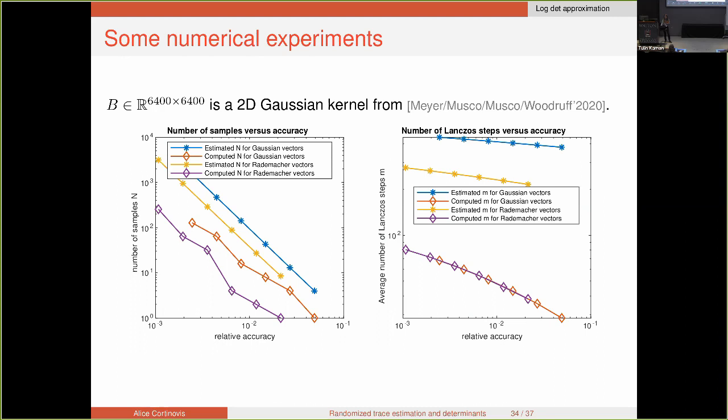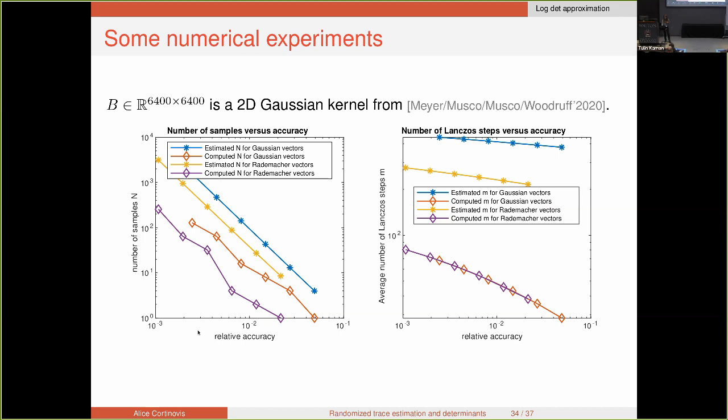Okay, so here are just a couple of examples illustrating the bounds of the two previous theorems. The matrices are rather small so that I could compute everything exactly. This matrix is a symmetric positive definite matrix coming from a discretization of a 2D Gaussian kernel.